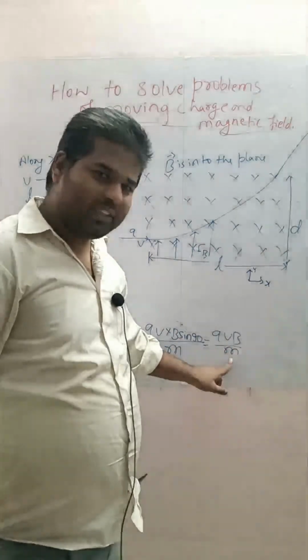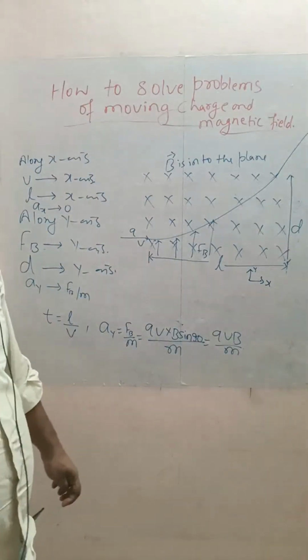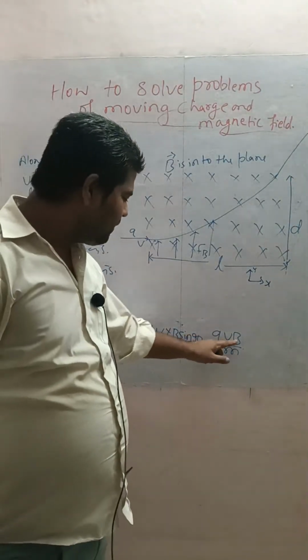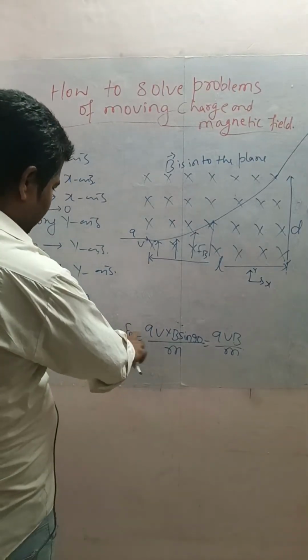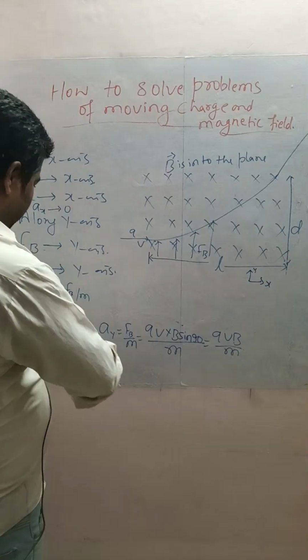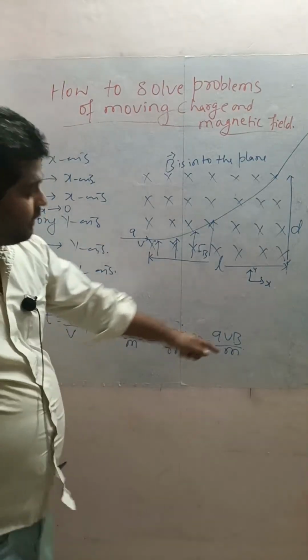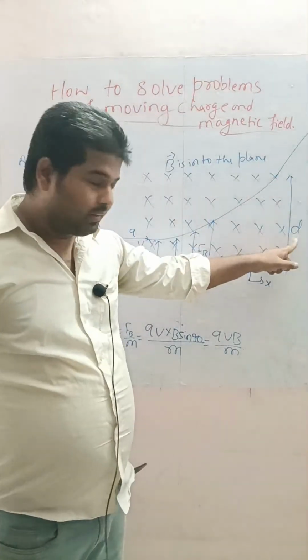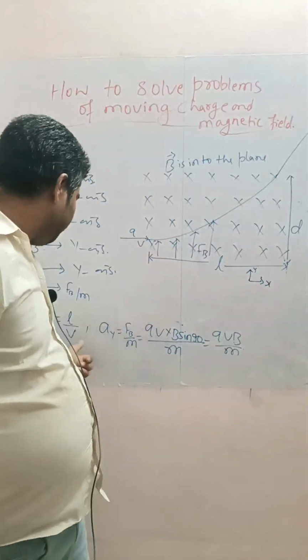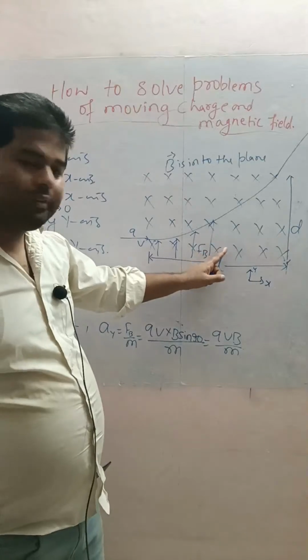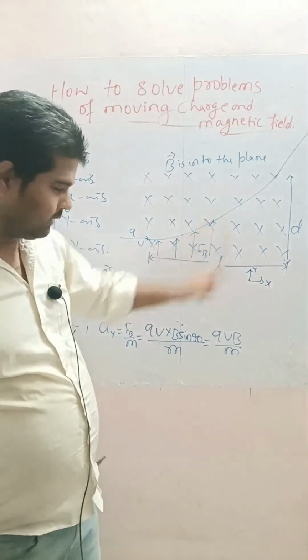QVB by M. Clear? See, AY. You need to find the vertical deflection, and it's along the y-axis. You have acceleration for this direction and time. You do not have initial velocity along this direction.